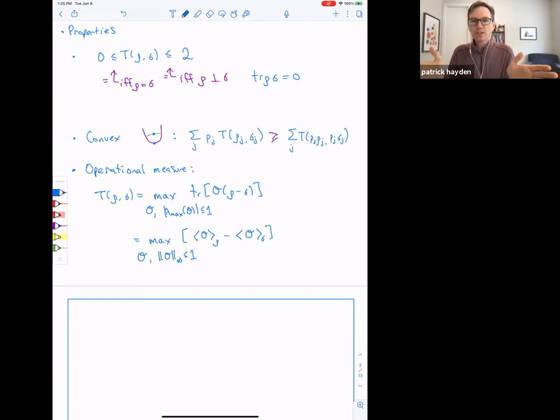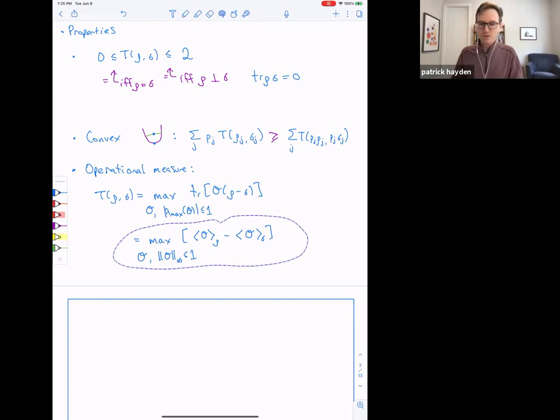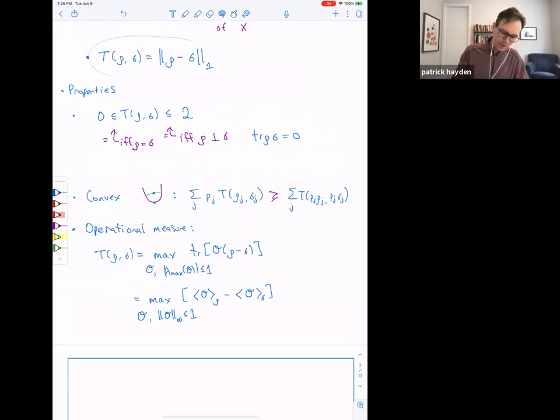What the trace distance tells you is the maximum difference in the expectation values that you can achieve if you find the very best observable for telling two states apart. Operationally, if you were trying to come up with a measure of distinguishability, you'd probably start right here. This would be a good definition. Then you could work backwards and find out that, mathematically, the quantity I wrote down is the one above. And so the trace distance is really the best operational measure of distinguishability of two quantum states.